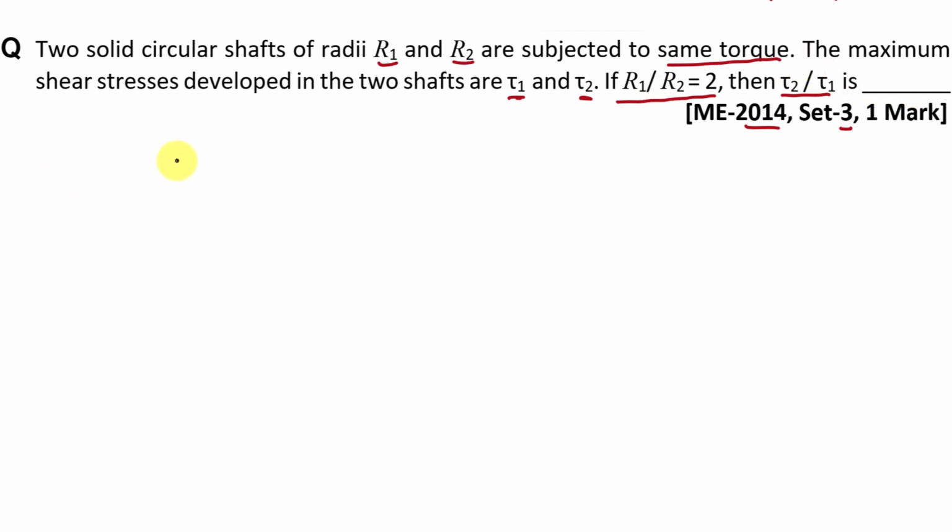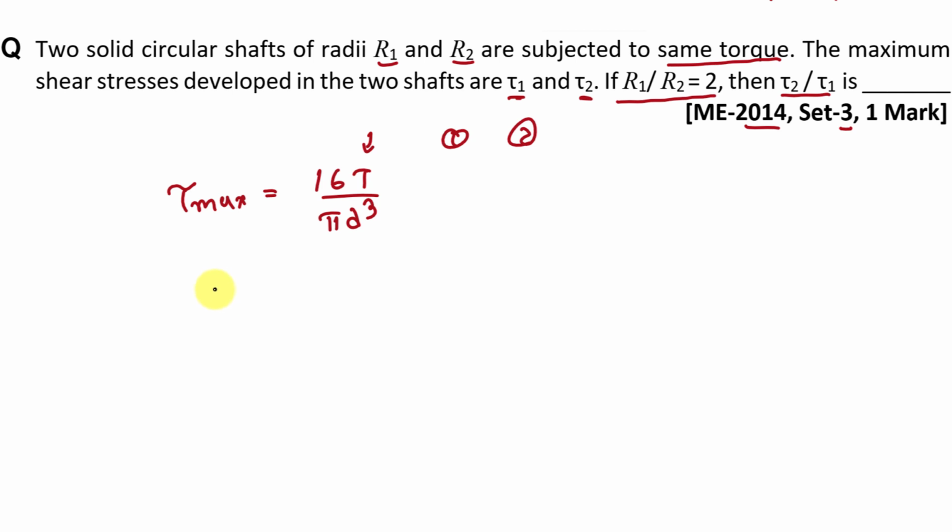Now we already know the equation to find tau maximum in a solid circular shaft under the action of torque, right? That is 16T by pi d cube. Here it is given that both shafts experience the same torque, so the value of T is the same for shaft 1 and shaft 2.